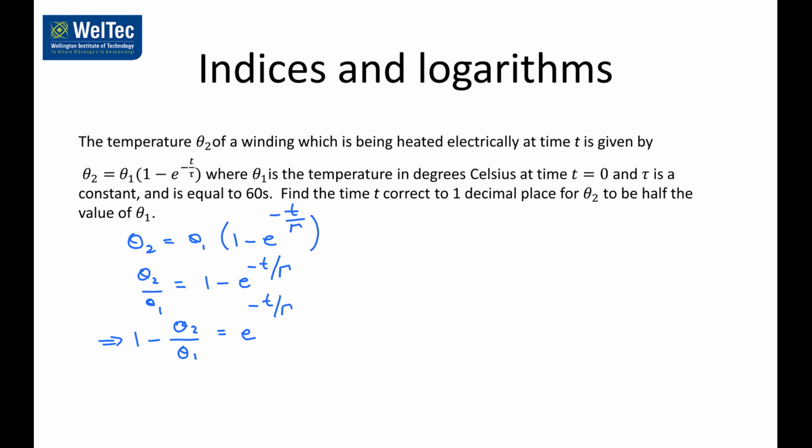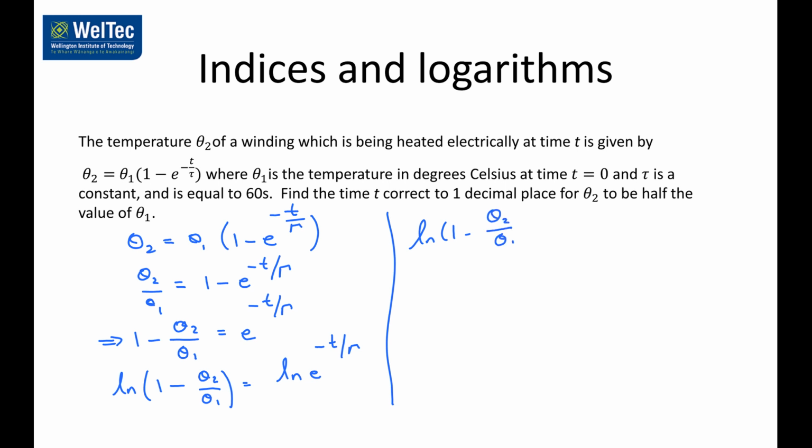Now, if I'm going to take the natural log of each side, and carry on here. Now we can use the rules of powers to bring down that negative t over the constant. So now we have natural log of 1 minus theta 2 over theta 1 equals negative t over the constant times the natural log of e.